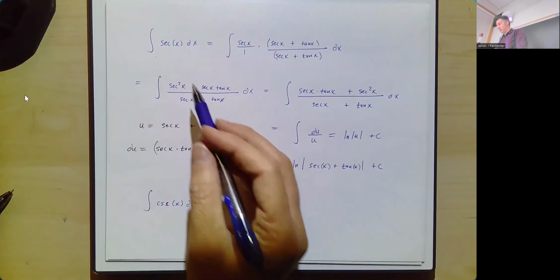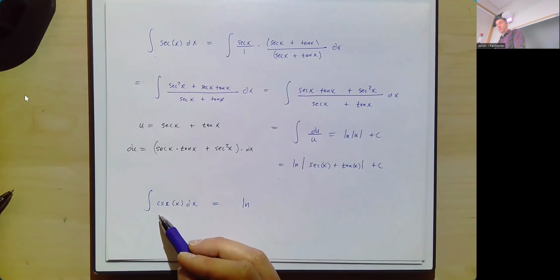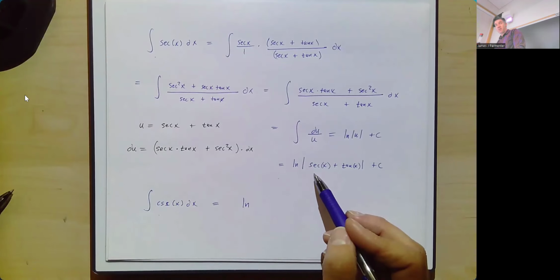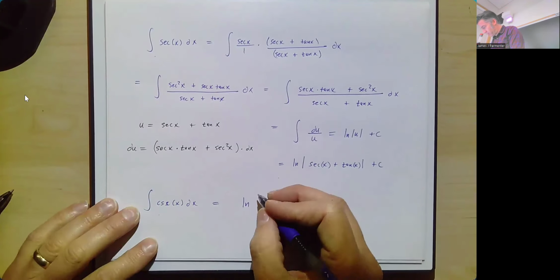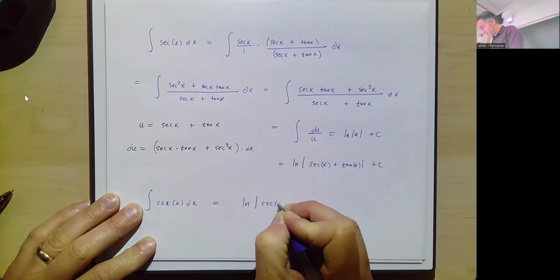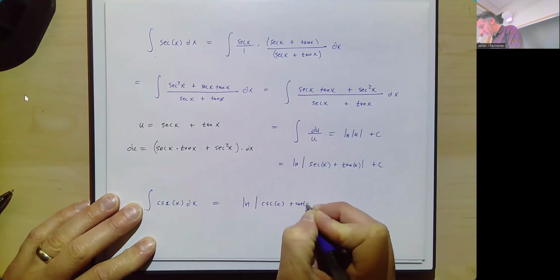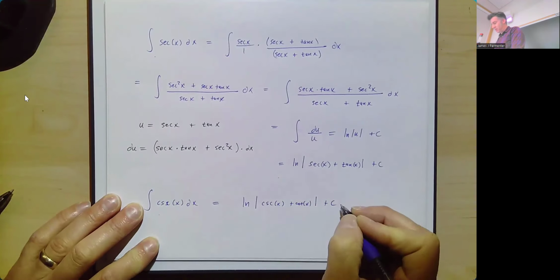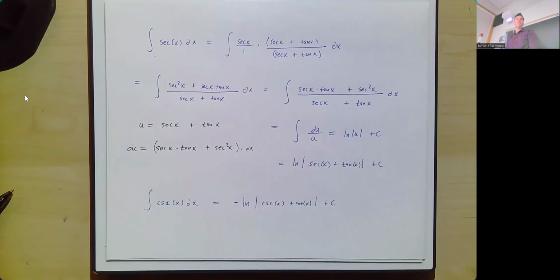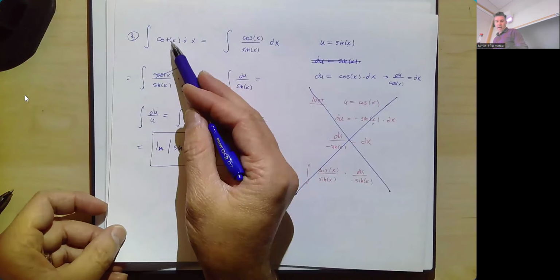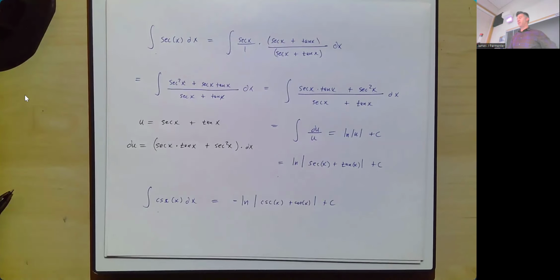Instead of secant plus tangent, we're going to have cosecant plus cotangent, so the natural log of cosecant of x plus cotangent of x. But just like with the cofunctions, you need to slap on a minus sign in front. Totally works. It also works with the tangent and the cotangent when we did the antiderivative of cotangent.